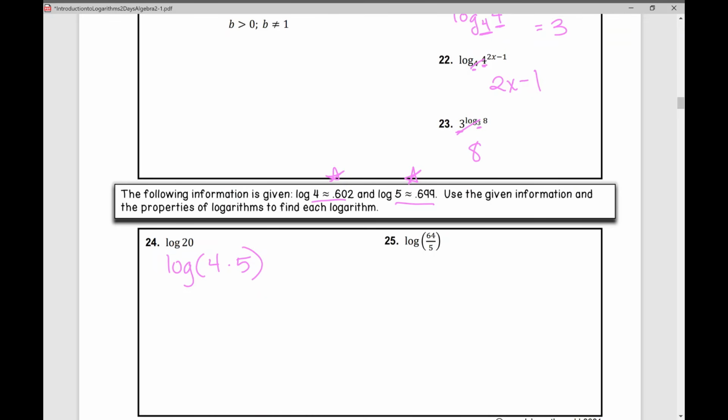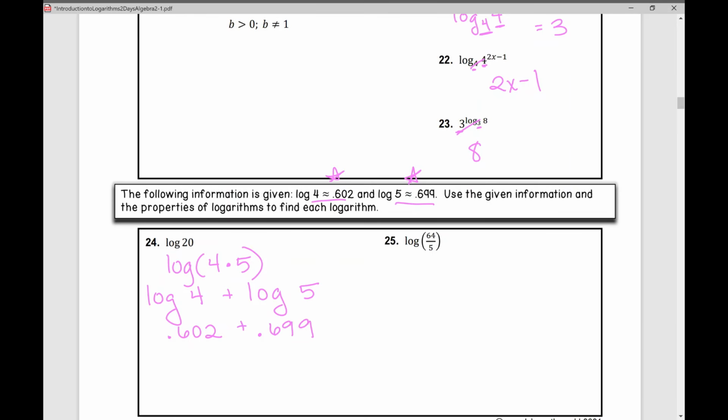So now let's use our properties of logarithms to expand this. This is the log of 4 plus the log of 5. Can I use that product property of logarithms? I sure can, right? So it's equal to the sum of its factors. Well, I know what the log of 4 is. It's 0.602. And I know what the log of 5 is. It is 0.699.